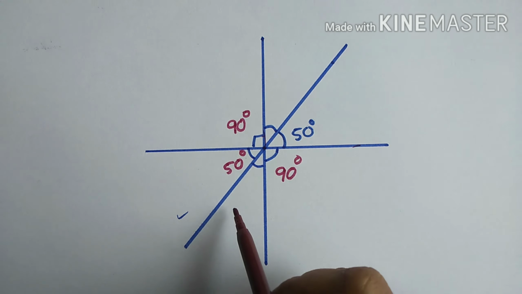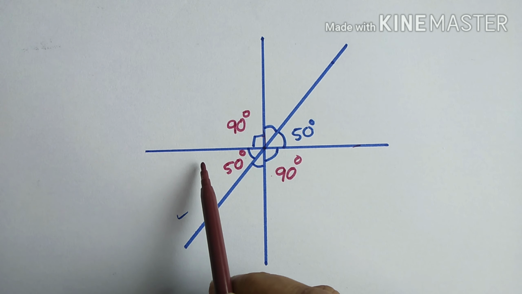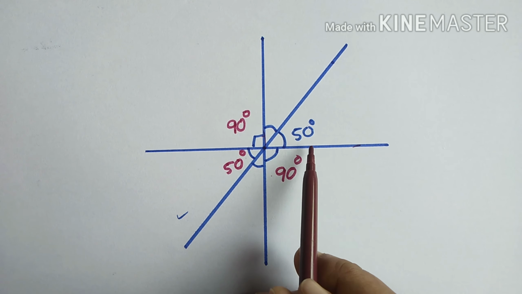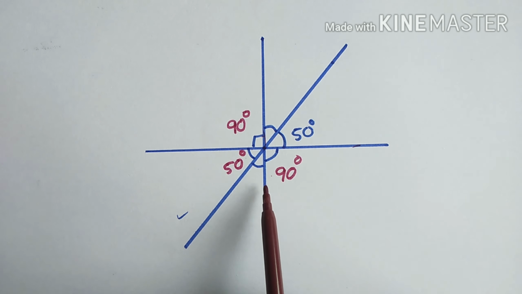Now coming to these two angles. Now look here. These three angles are in a straight line and this is 90 degree. Angles on a straight line gives 180 degree. 90 is half of that. So these two angles together will give 90 degree.